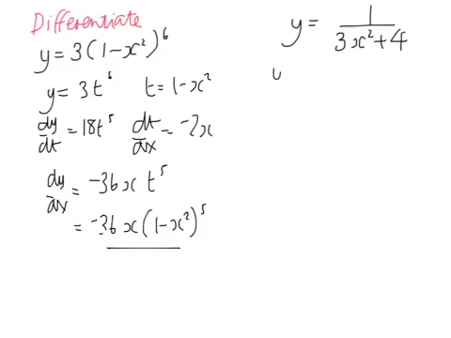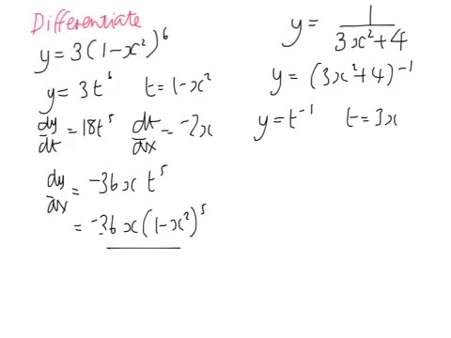This one we need to write first as 3x squared plus 4 to the minus 1. And then we can split it into our two functions. y is t to the minus 1, where t is 3x squared plus 4. So dy by dt is minus t to the minus 2, and dt by dx is 6x.